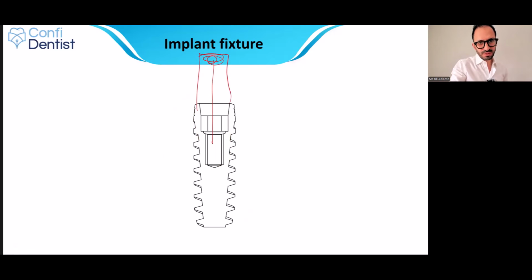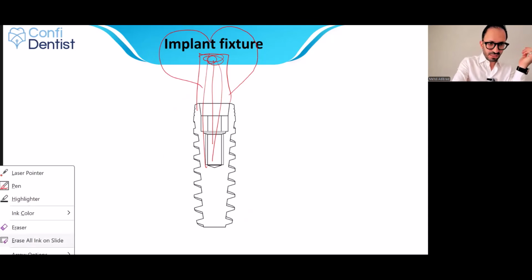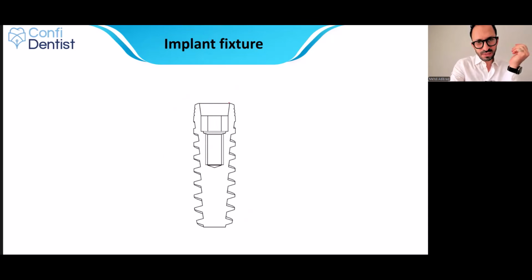There is a prosthetic screw that connects the prosthetic abutment to the implant fixture, and on top of that, the crown will be placed. During the healing time, the healing cap, or the cover screw, or the healing abutment, is screwed into this housing, the housing for the final prosthetic screw.